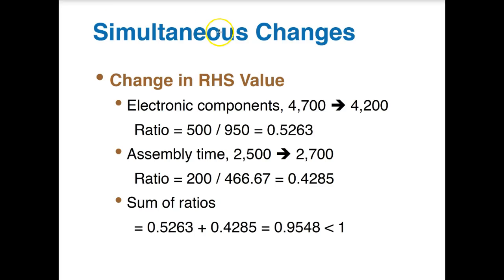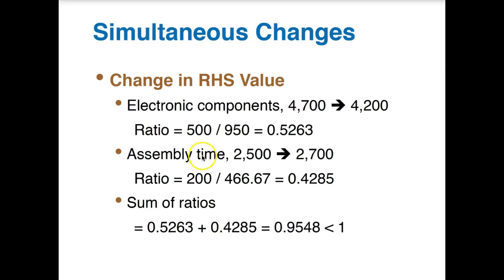So let's say, for instance, we want to change our electronic components amounts from 4,700 to 4,200. Then of course you see here that that's a difference of 500 units, and that is a 52.63% change in our model by doing it.